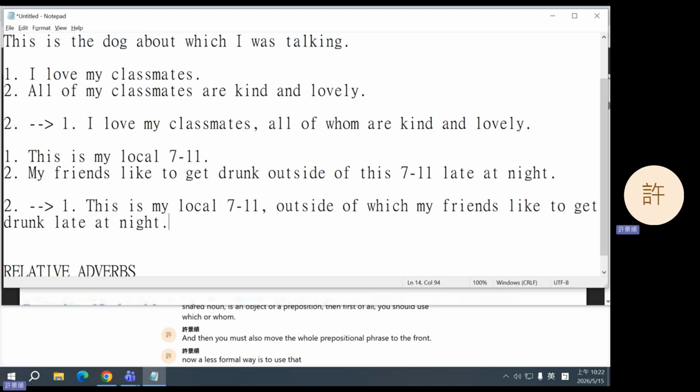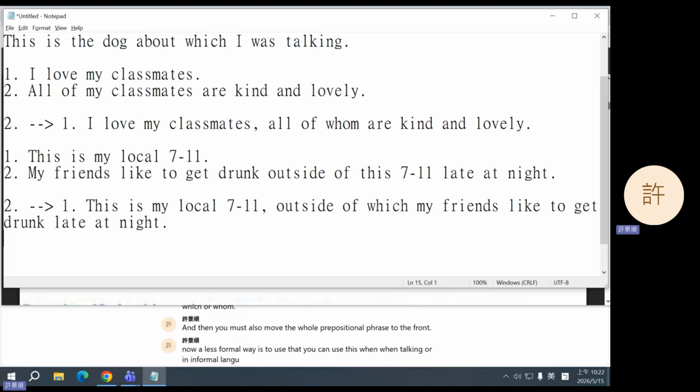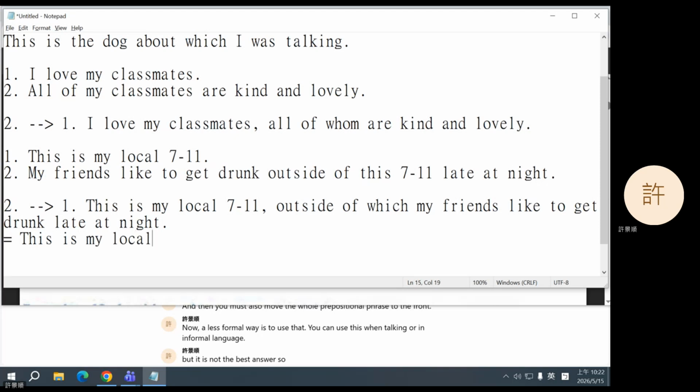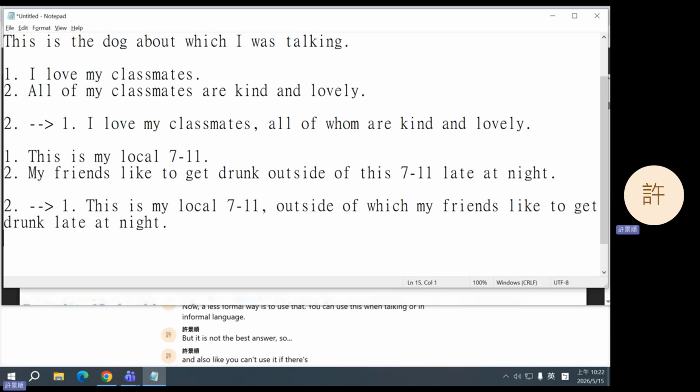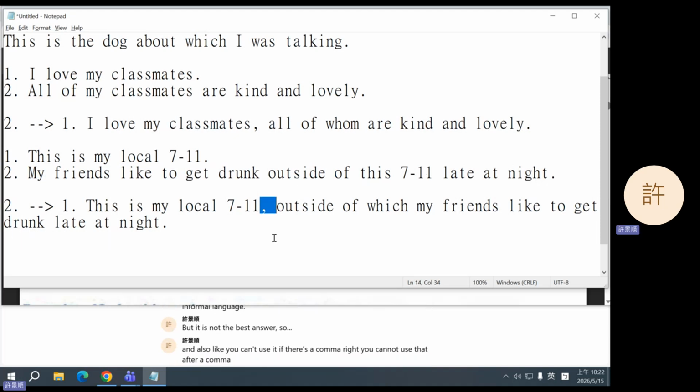You can use this when talking or in informal language, but it is not the best answer. And also you can't use it if there's a comma, right? You cannot use that after a comma. So in these two examples, you do have to use which or whom.